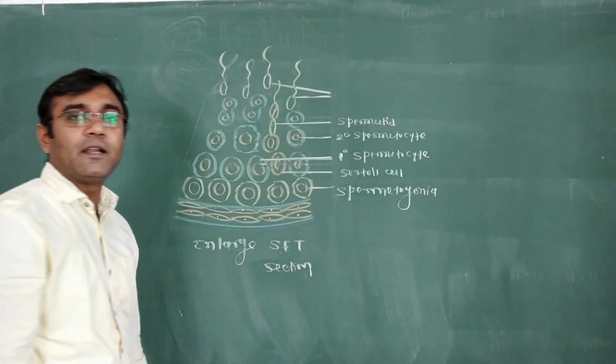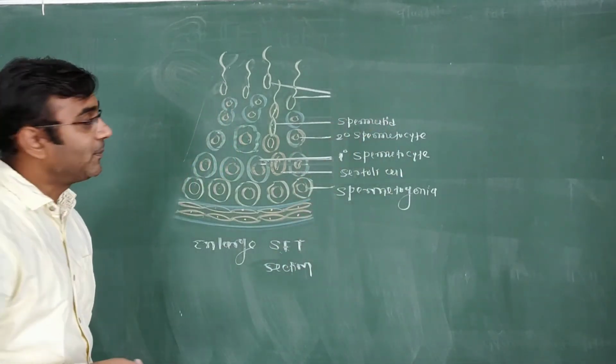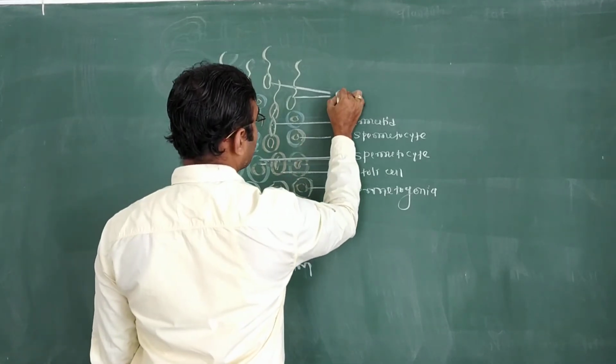Spermatids undergo differentiation in spermiogenesis, producing mature sperm.